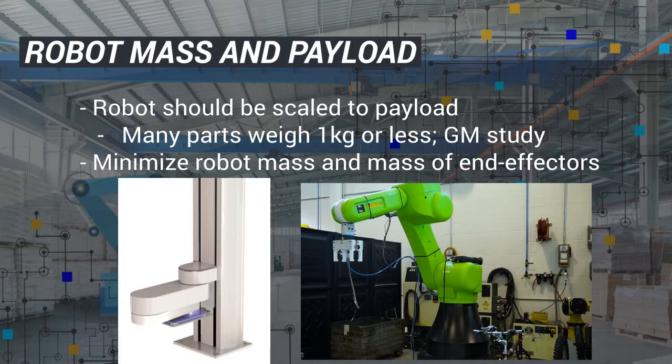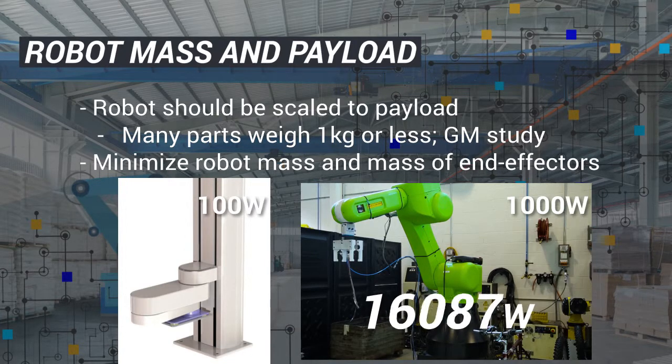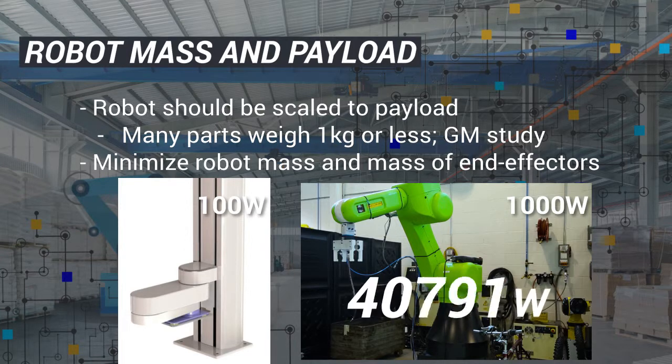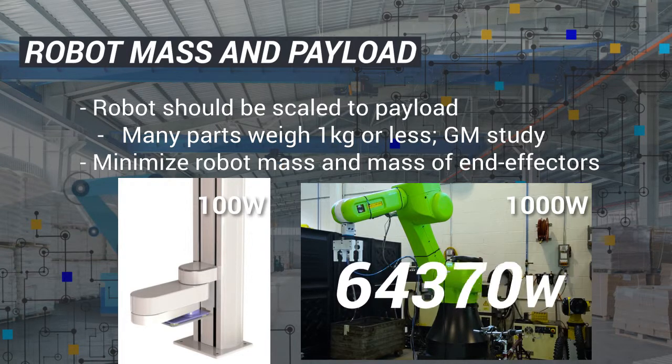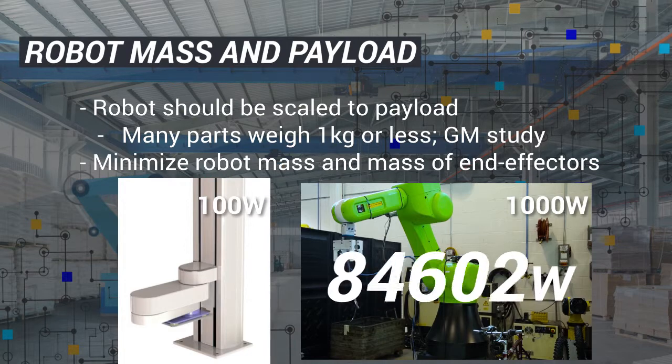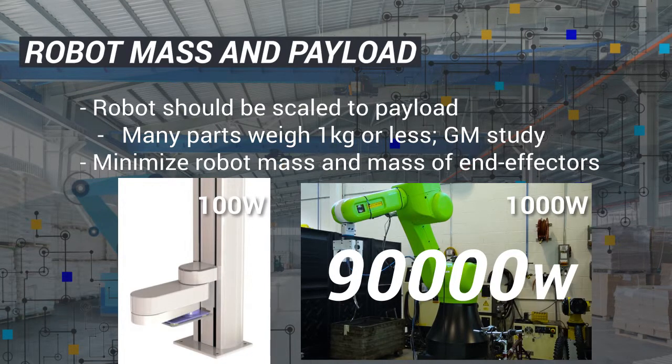A person consumes about 100 watts of energy, as does a small part collaborative robot designed to handle a few kilograms. However, a 10 to 20 kilogram payload robot consumes 1,000 watts of energy, most of which is dissipated as heat energy. For 100 robots working in a factory, if the larger robot is selected for a job that a light payload robot can accomplish, the factory will be wasting 90,000 watts in electricity and will have to remove this energy with the cooling system.